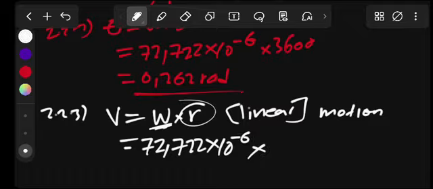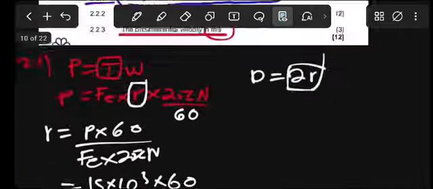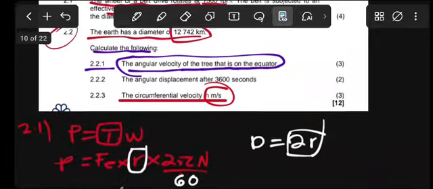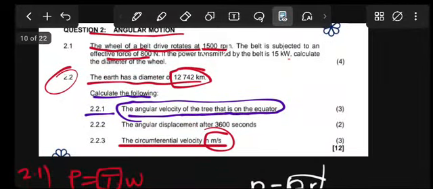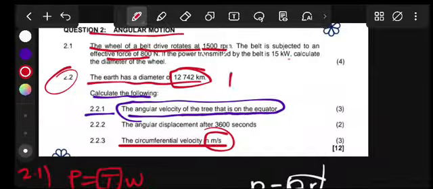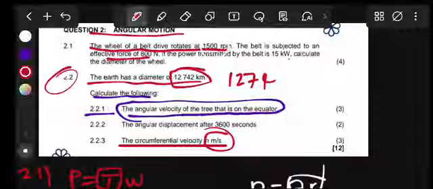We've been given the diameter of the earth. Let's check now the radius. The diameter is here. You've been given the diameter of 1,274.